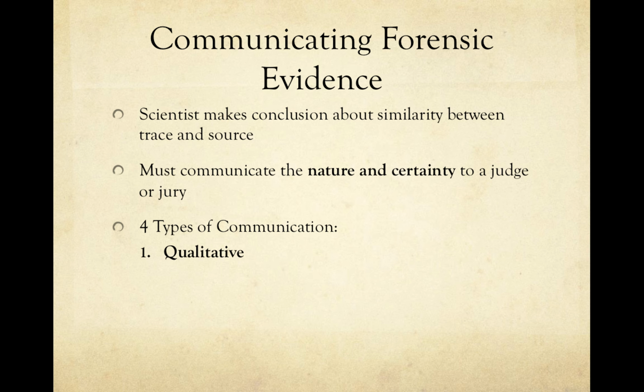Sometimes these words sound legitimate, but there are really no standards for deciding which of those subjective statements to use. So the degree of bite mark match is subjective. That's why at most you can really only use a qualitative statement when trying to communicate this evidence to the judge or the jury.